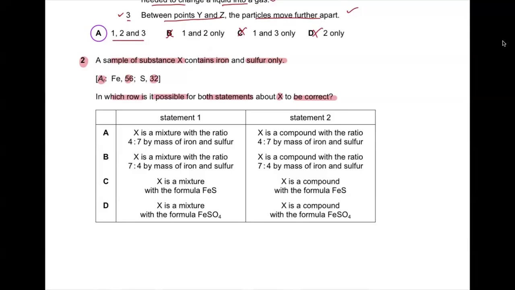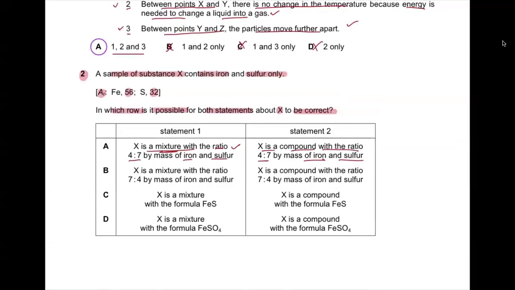Statement 1: X is a mixture with the ratio of 4:7 by mass of iron and sulfur. Statement 2: X is a compound with the ratio of 4:7 by mass of iron and sulfur. For a mixture, there can be any ratio, so this seems correct. But if they say the ratio is 4:7 in the compound, we have to check.